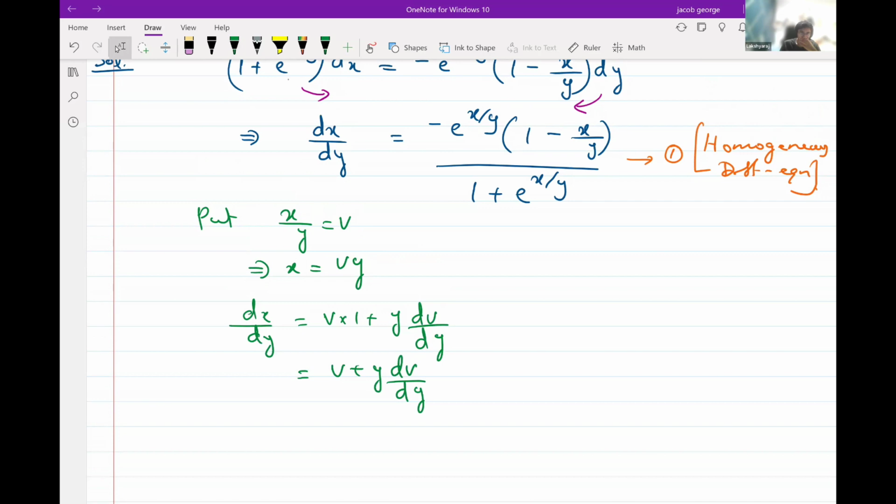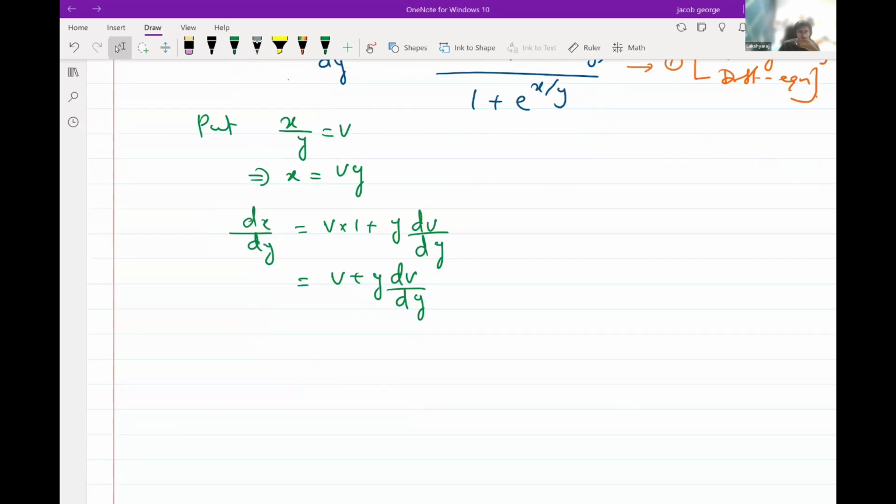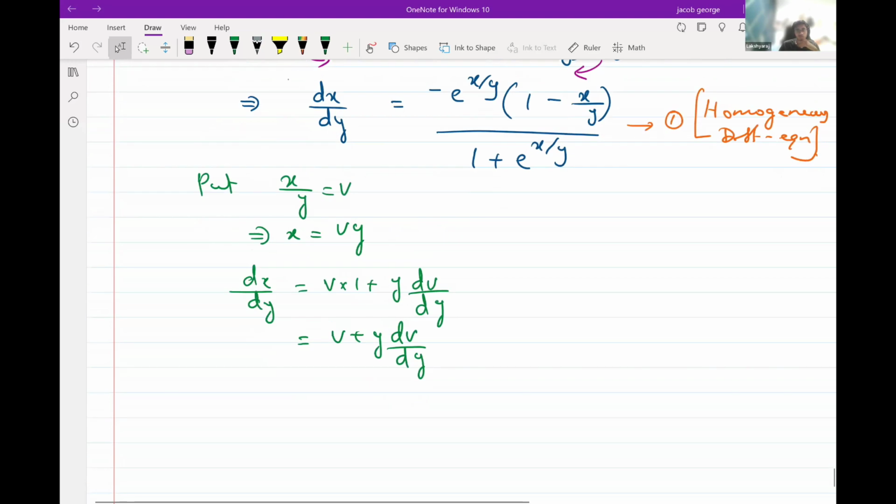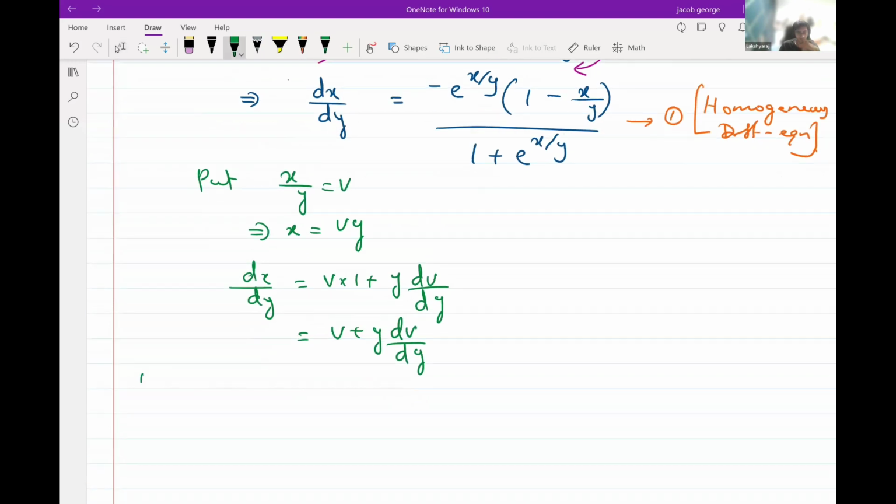v plus y dv by dy is equal to minus e raised to v into 1 minus v upon 1 plus e raised to v. Clear? You got the step. So then what to do?